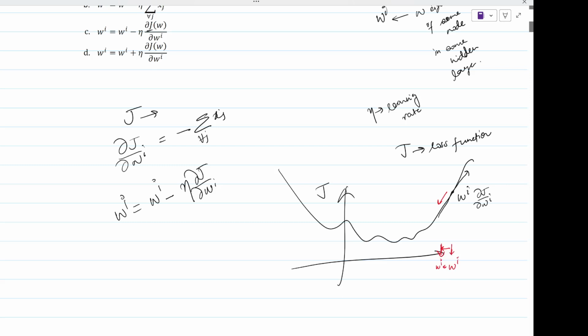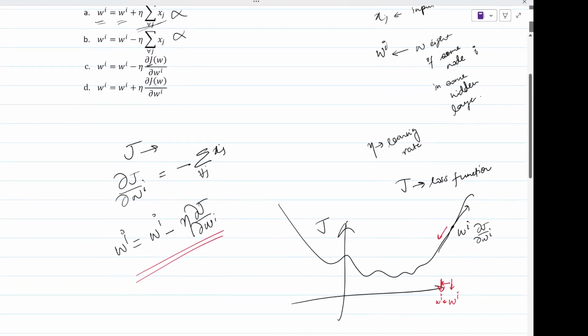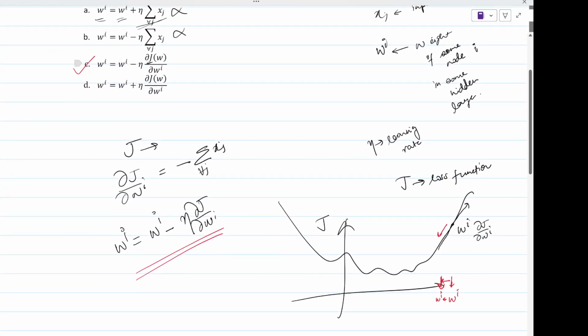Okay, so that is what this is doing, and that option is given here. You don't want to add, you don't want to go in the direction where the gradient is increasing and your cost function is increasing. You want to minimize the cost, you want to minimize the loss.